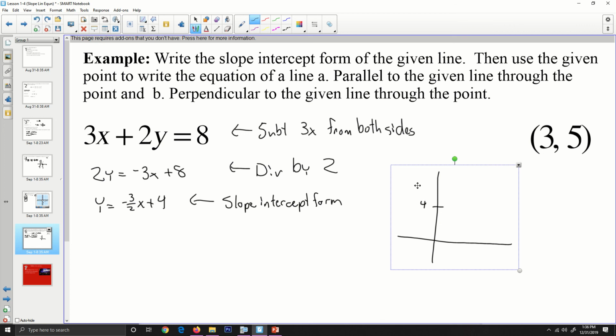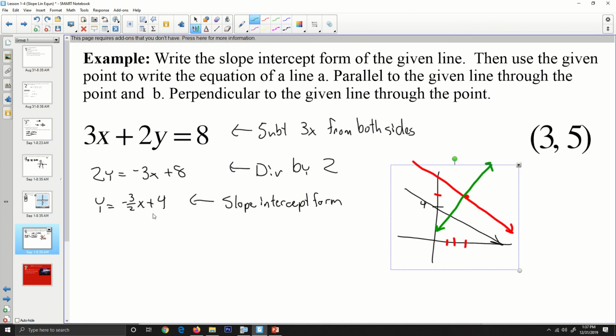So what they want me to do is find an equation of a line that's parallel to this line that goes through 3, 5. So if I go 1, 2, 3, and I go through 5, I have that point there. They want me to come up with the equation of that particular line. And then they want me to do one that's perpendicular, so they also want me to come up with the equation for that line.